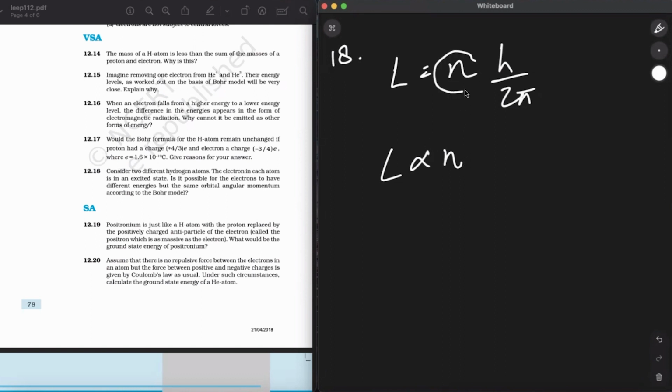Being in the same orbit, n is constant, so you cannot have different values for angular momentum.